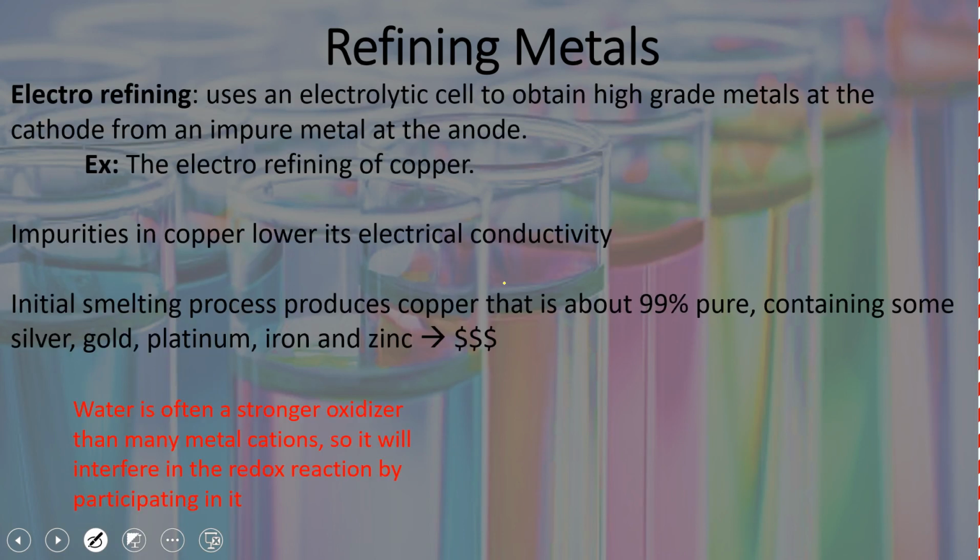But you do have to know this electrorefining, which I think is on the last page there. Electrorefining uses an electrolytic cell to obtain a high-grade metal at the cathode and an impure metal at the anode. So you have to know what goes where in these cases. A high-grade metal at the cathode and an impure metal at the anode.